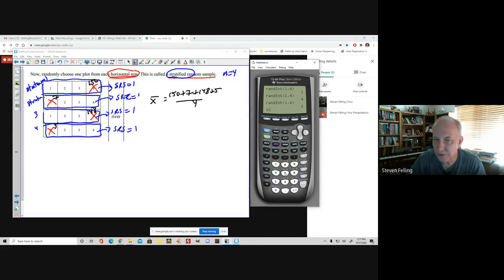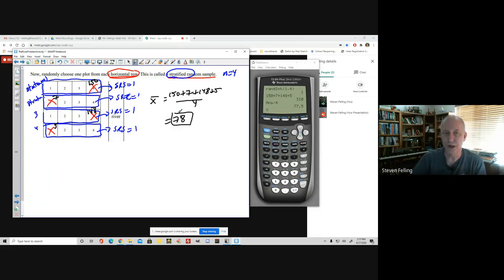I'll divide that by 4, and that's going to give me an average of, let's say, 78 bushels per plot. Some variation when I took the sample differently.